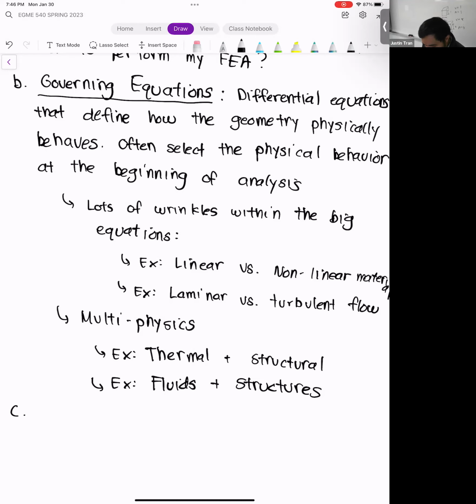The last part of a boundary value problem that we'll go over is the boundary conditions. We already did a little of this in the first activity. The boundary conditions define, physically, any kind of external effects that are acting on your geometry.